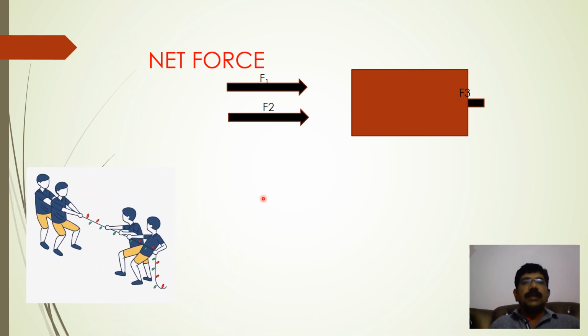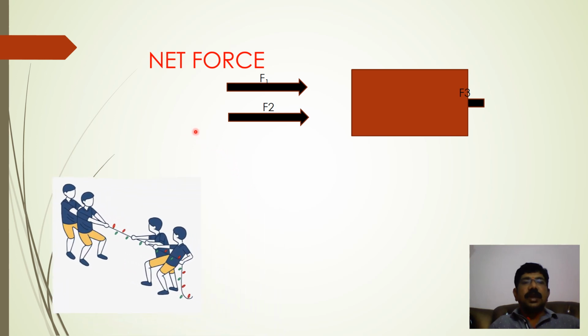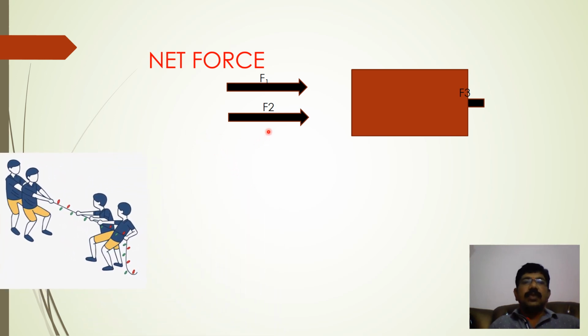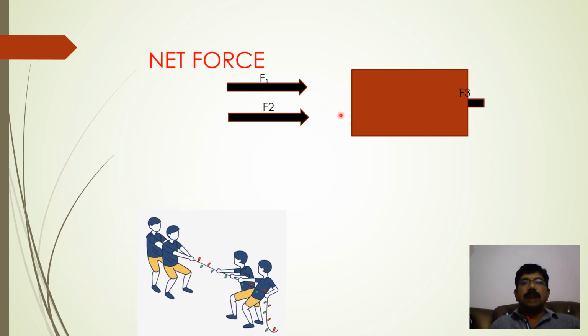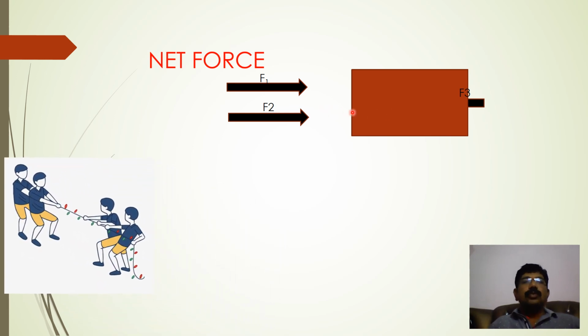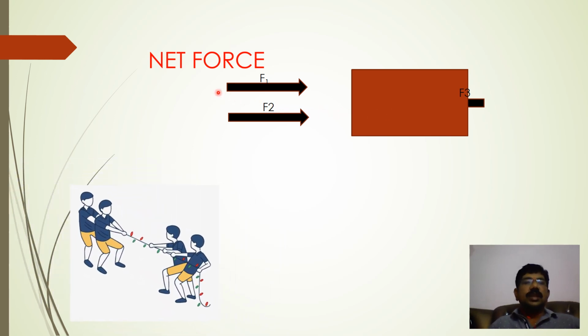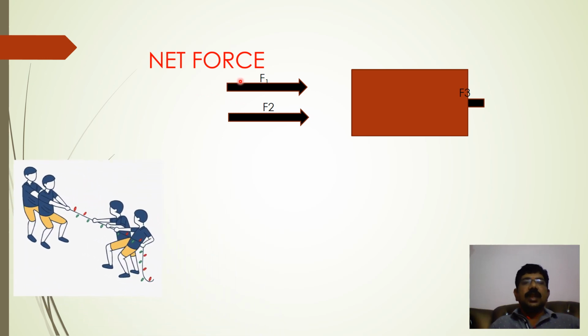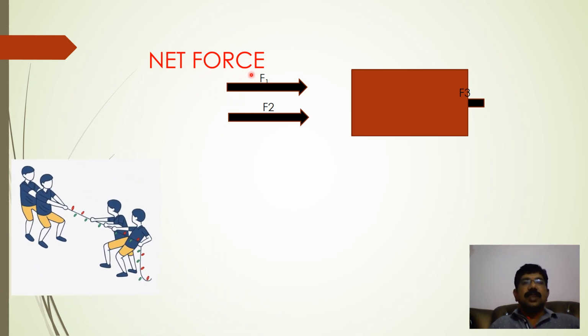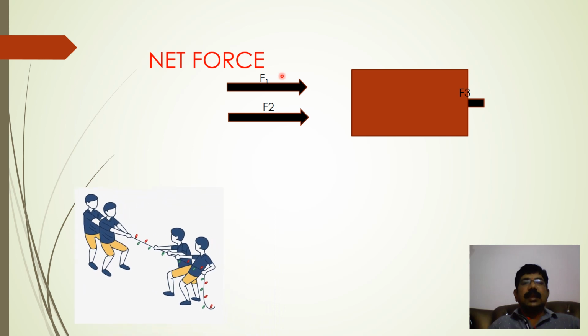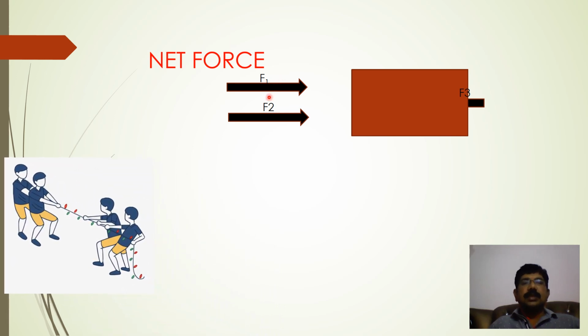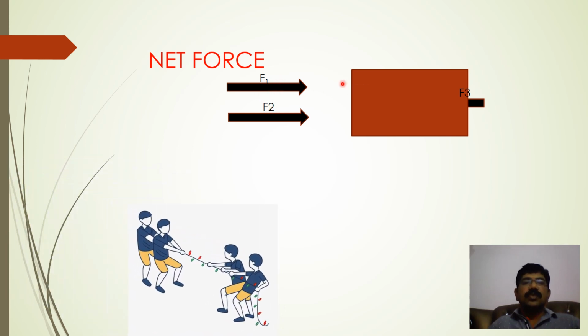So let us come to the concept of net force. When multiple forces are acting on an object or a body, how to know the net force? Let us discuss the concept of net force in detail. Do you understand the animation here? Multiple forces are acting.